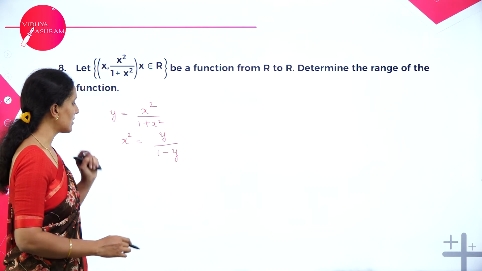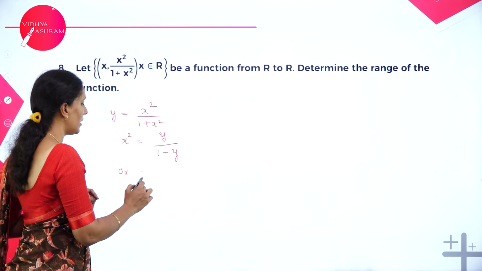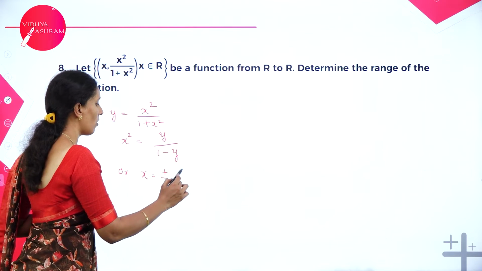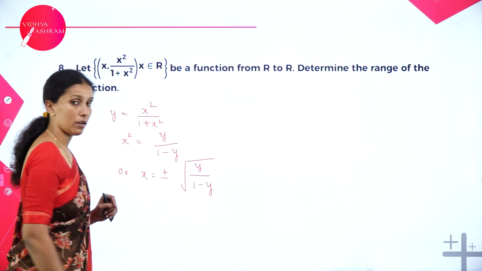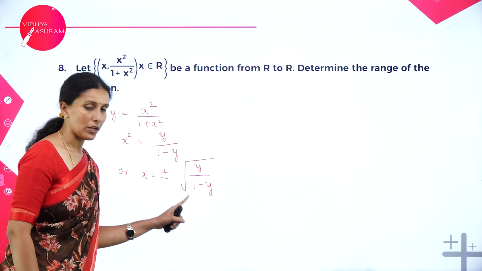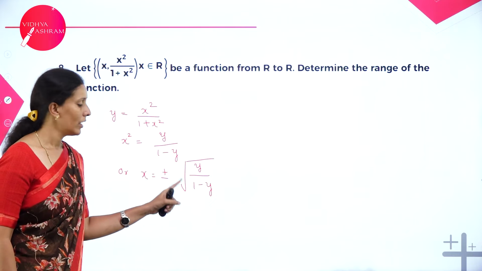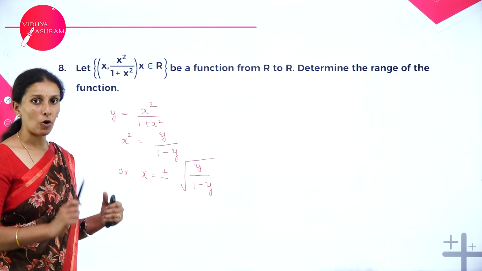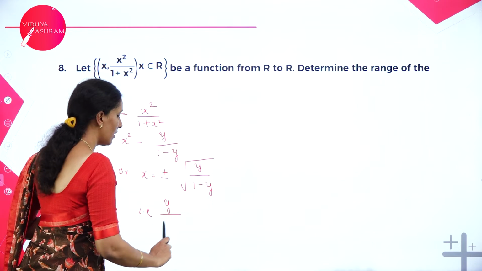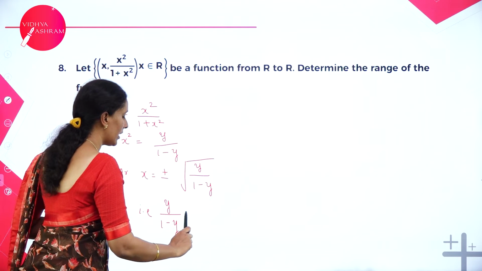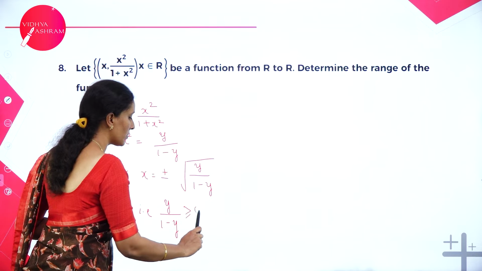So we can write x is equal to plus or minus square root of y divided by 1 minus y. Now again it is a square root function. We know that for a square root function, the value under the square root must be non-negative. That is, y by 1 minus y is greater than or equal to 0.